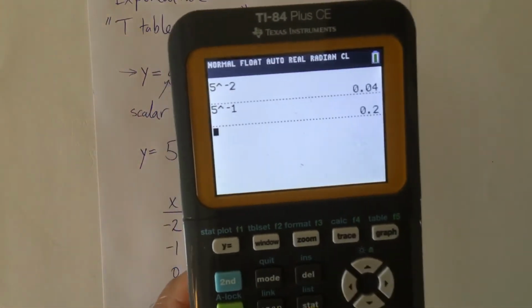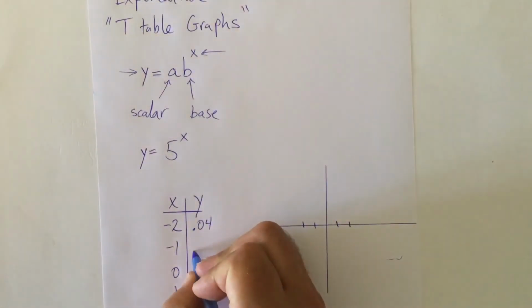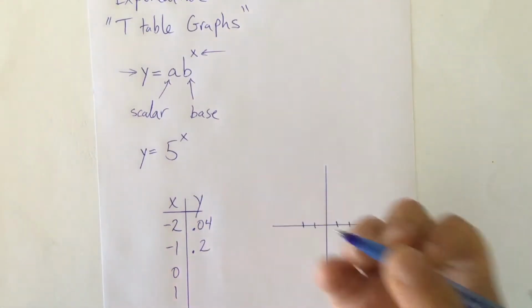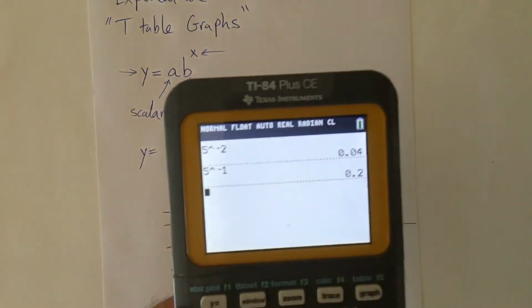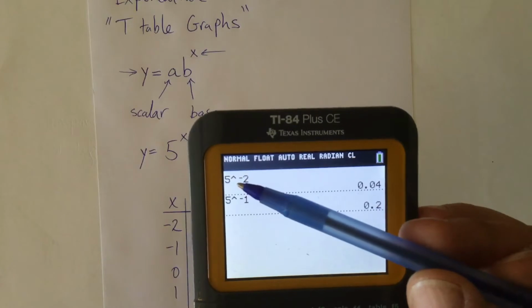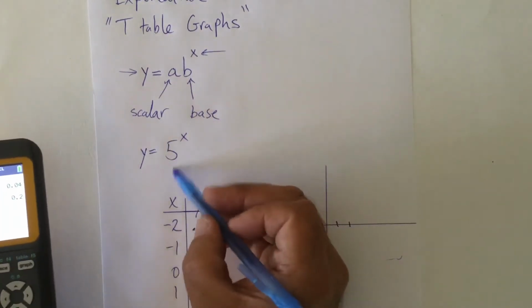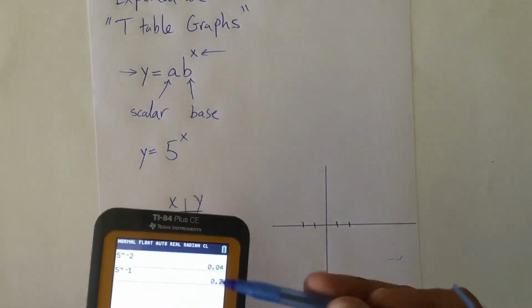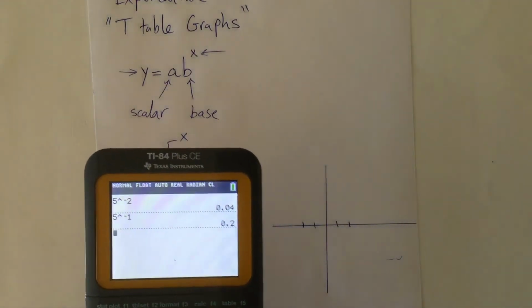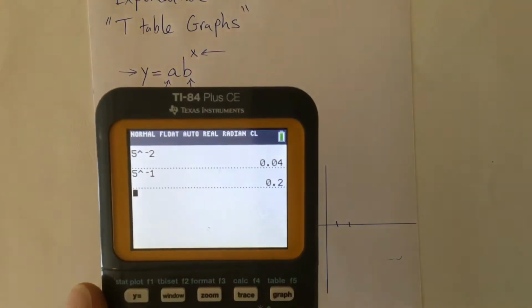That gives me 0.2. Now remember, negative exponents cause this number to go to the bottom, since this would be 5 over 1. But it's converting it to a decimal for you, and that's fine. When we do the assignment, I'm going to just have you use decimals.